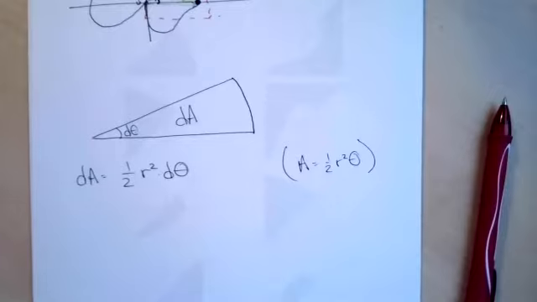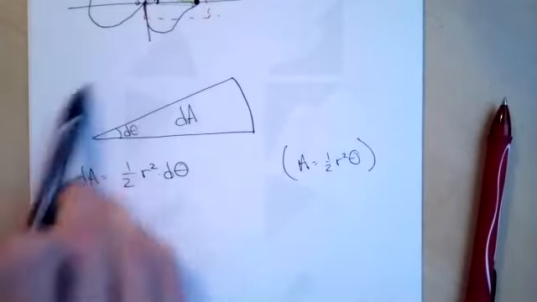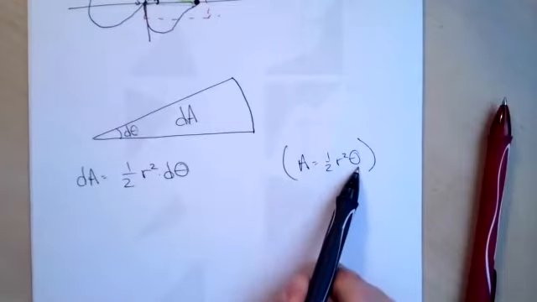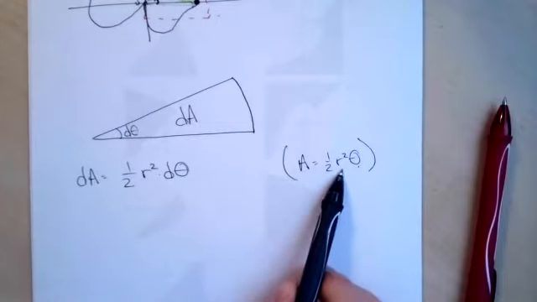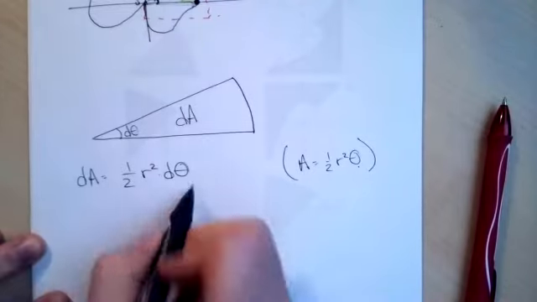So the area of a slice of pizza. Of course, if the slice of pizza is the whole pizza, namely the angle is 2 pi, we get our well-known and loved formula for the area of a circle, pi r squared. So it's always a good mental check to check those constants if you're getting them right. And so this is kind of all there is. This is our area element.